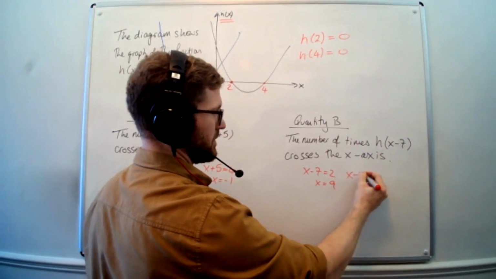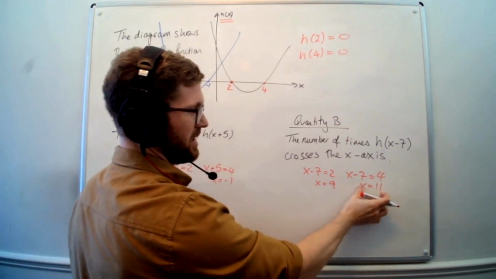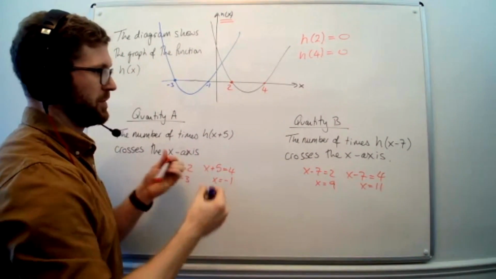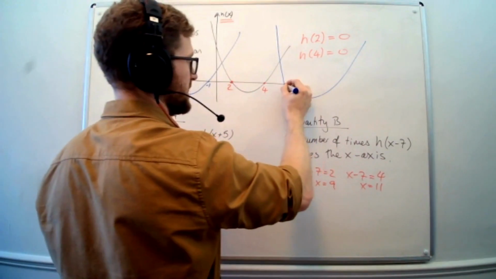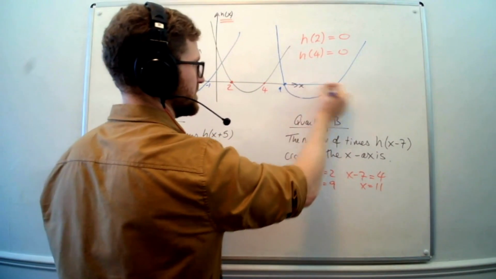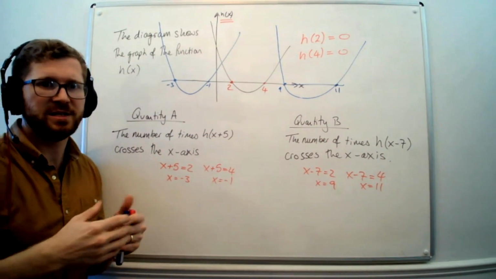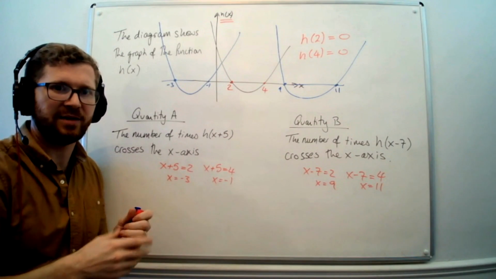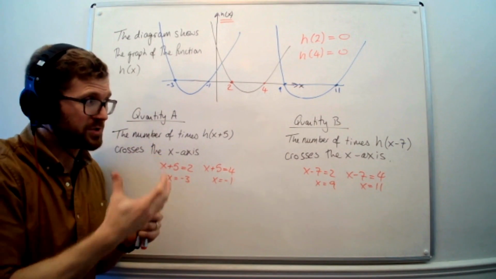The same idea happens when x minus 7 equals 4 or when x equals 11. What would happen is that this graph will also cross the x-axis at 9 and 11. And so what we're seeing here is the graph moves left and right. Right, so that's a bit of an explanation about what's going on underneath it.